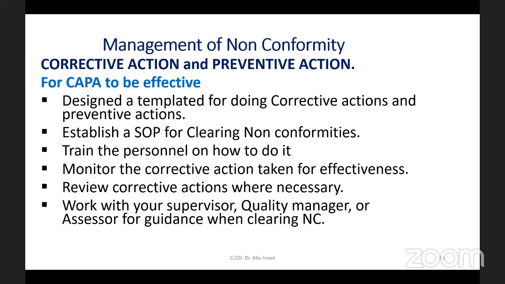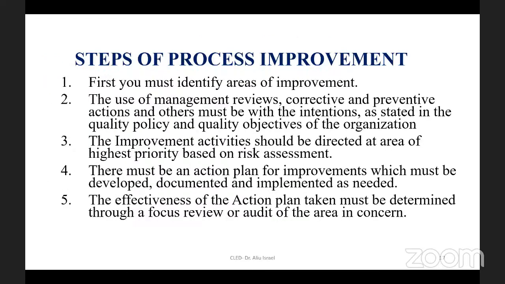Then review the corrective action where necessary. You have to work with the supervisor, the quality manager, or the assessor for guidance when clearing a non-conformity. But the most important thing is that there must be a standard protocol or procedure for corrective actions in the organization. This includes having a template, teaching the people how to clear non-conformities, training them, and having an SOP that guides the clearing of non-conformities.